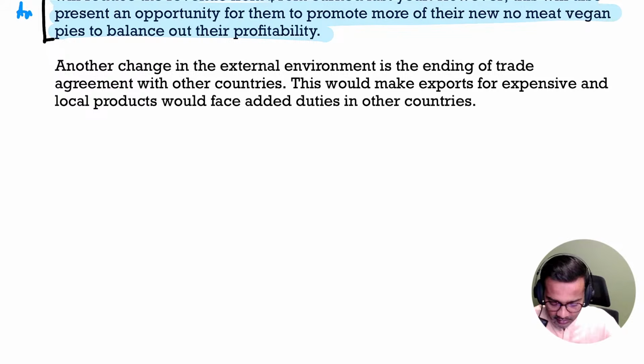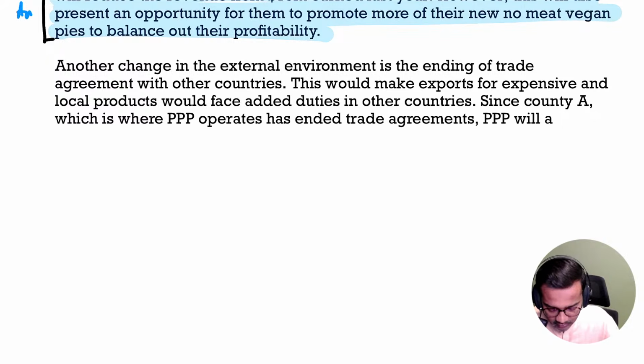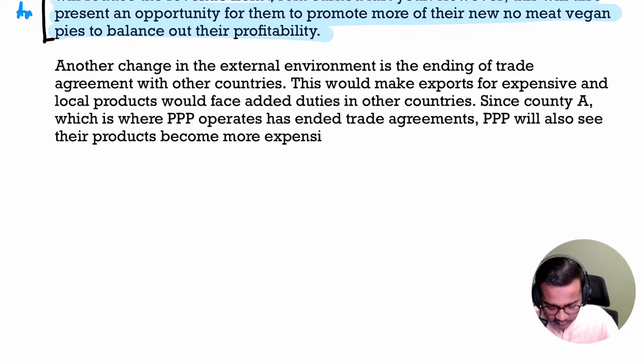Now I'm going to bring my application here, which was since country A, which is where PPP operates, has ended trade agreement, PPP will also see their product become more expensive in the international market.